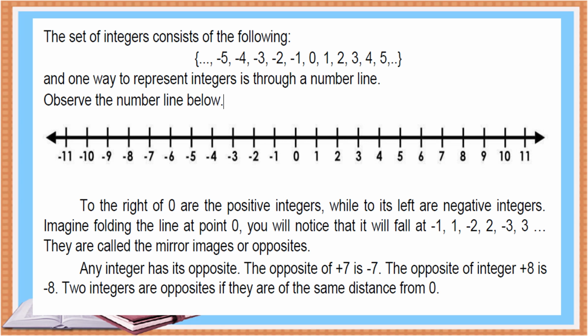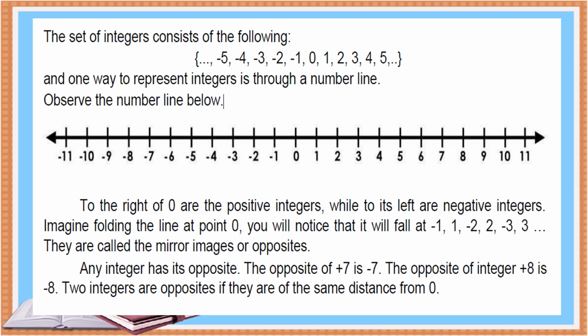Imagine folding the line at point 0. You will notice that it will fall at negative 1, positive 1, negative 2, positive 2, negative 3, positive 3. They are called the mirror images or opposites. Any integer has its opposite.